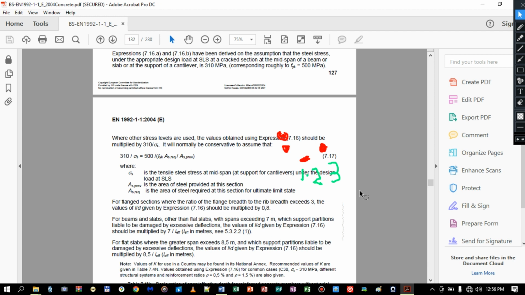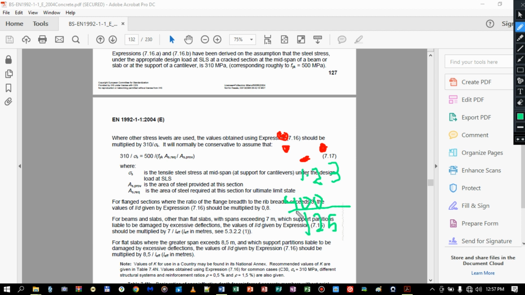Our flange breadth is 0.4 or 400 millimeters, and our rib width is 125, which gives us 3.2.